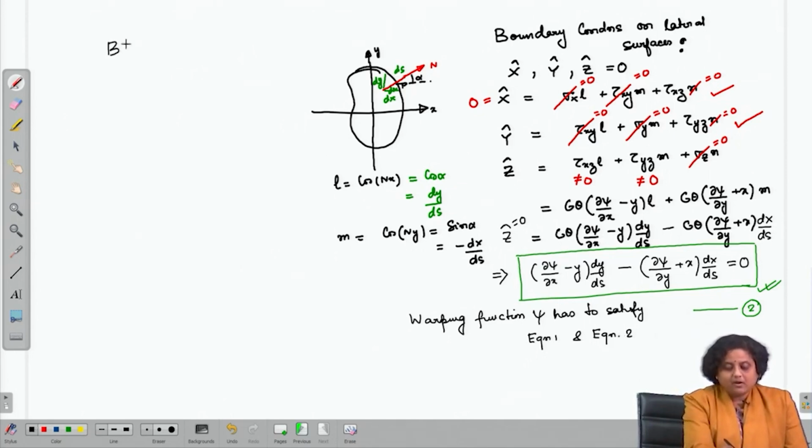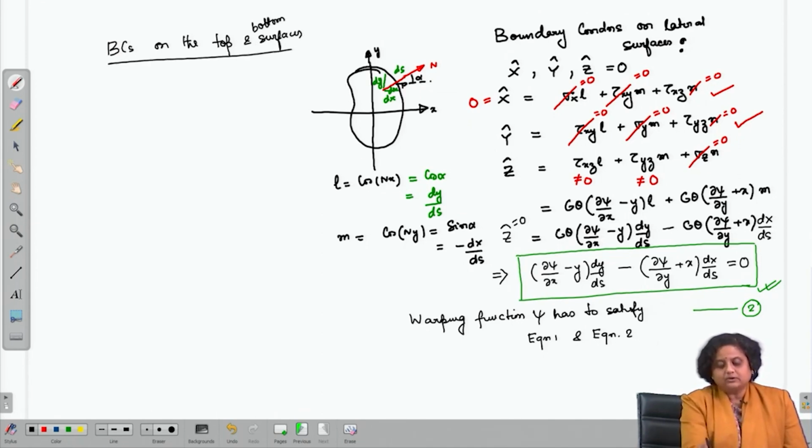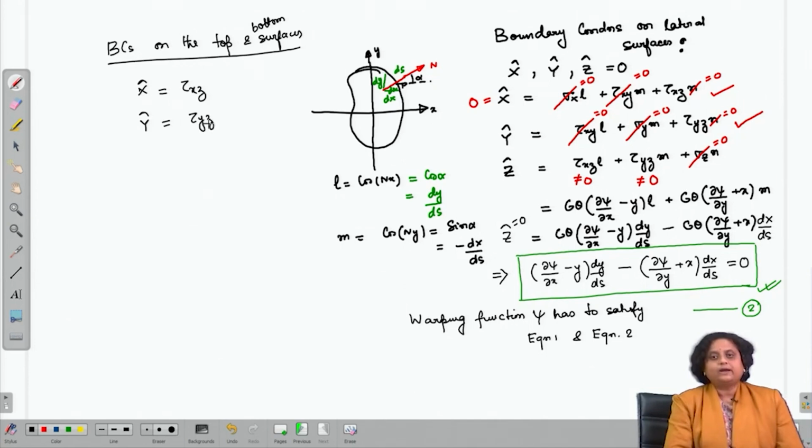What about the boundary conditions on the top and bottom surfaces? If we look into the boundary conditions on the top and bottom surfaces, you will see that they are similar to those of the circular cross section shaft, where x hat needs to be similar to tau xz and y hat needs to be similar to tau yz.